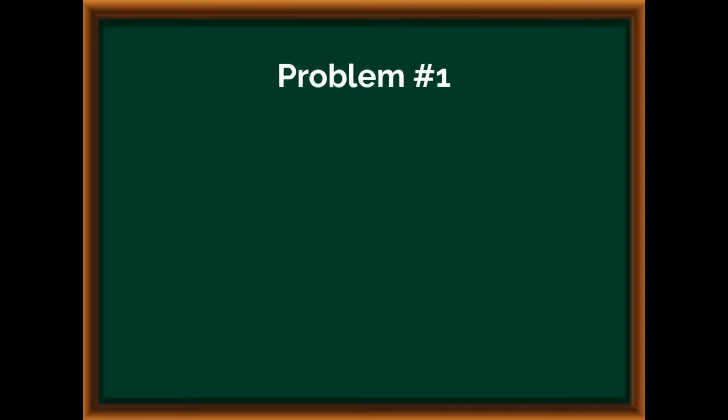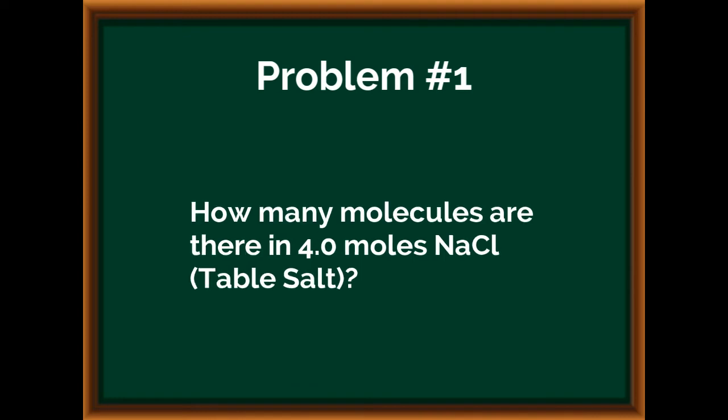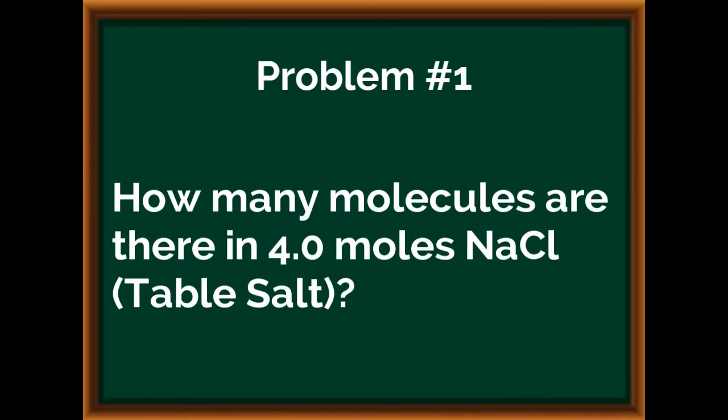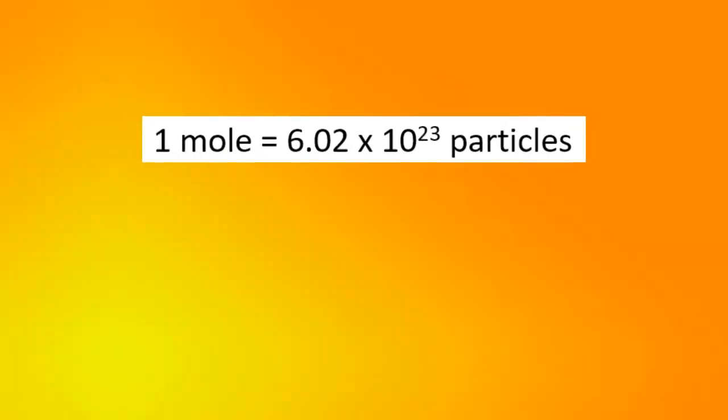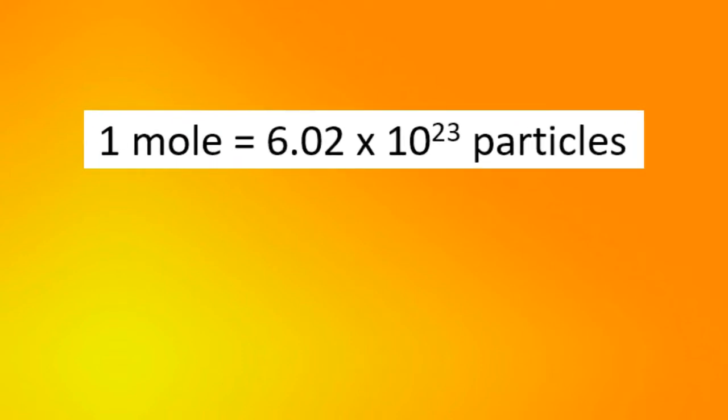Sample problem number 1. How many molecules are there in 4 moles of table salt? To answer this question, we have to consider this: 1 mole is equal to 6.02 times 10 to the power of 23 particles.